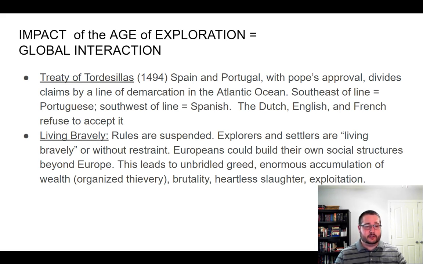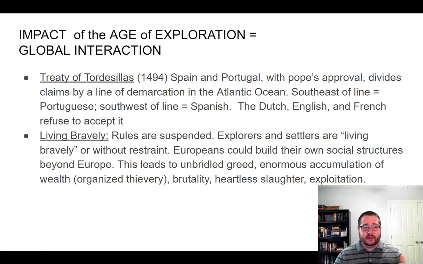And under this concept of living bravely, rules are suspended for the treatment of anyone else outside of Europeans while you're in this new world. Okay, the reason I put the new world thing in quotes is because it's not a new world. It's been there for a long time, but that's what they called it. All right, so the rules are suspended.